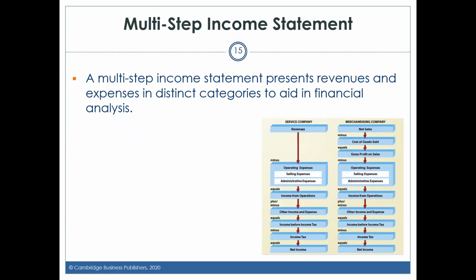So here's an example in this first column of a multi-step income statement for a service company. They don't provide a good to the customer, they do a service. So their revenues would be listed. Then we would subtract their operating expenses, which are broken down into selling and administrative.